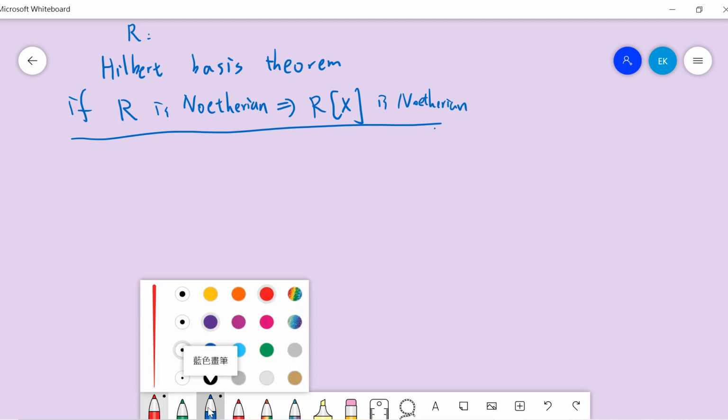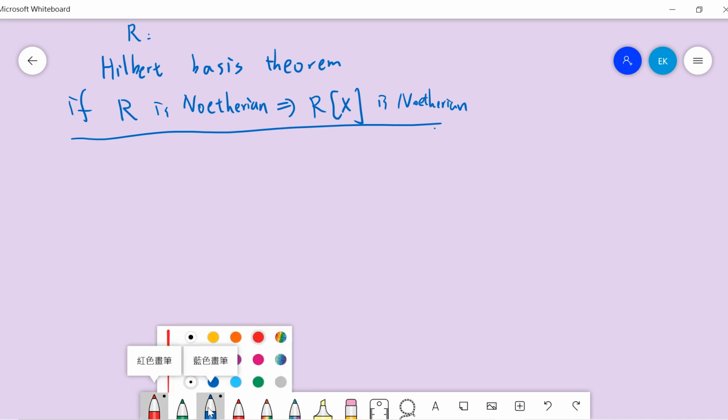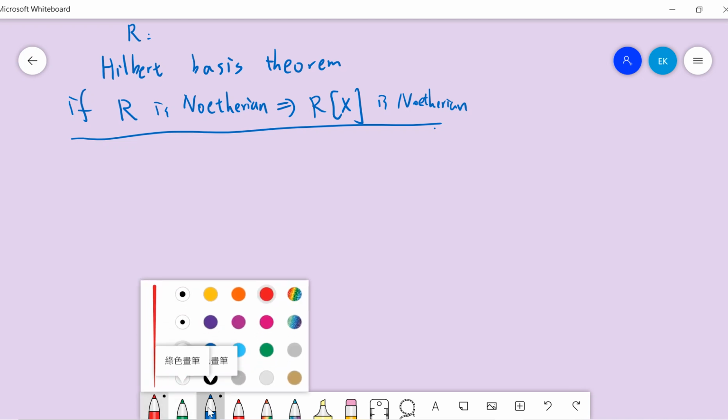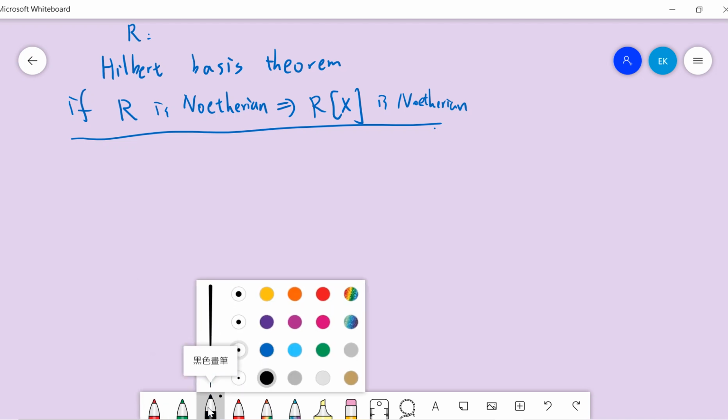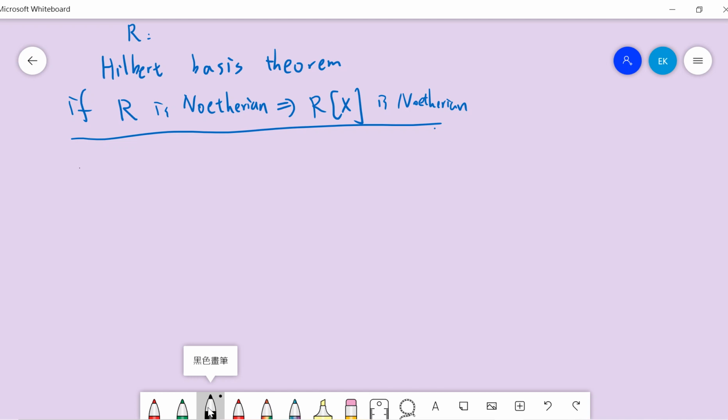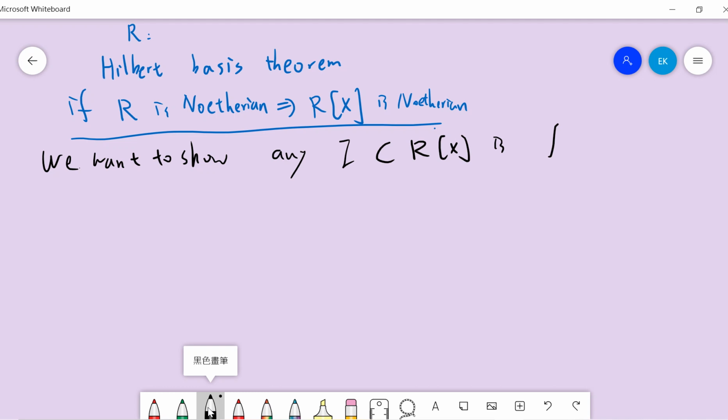So what we need to show is that any ideal in R[X] is finitely generated.